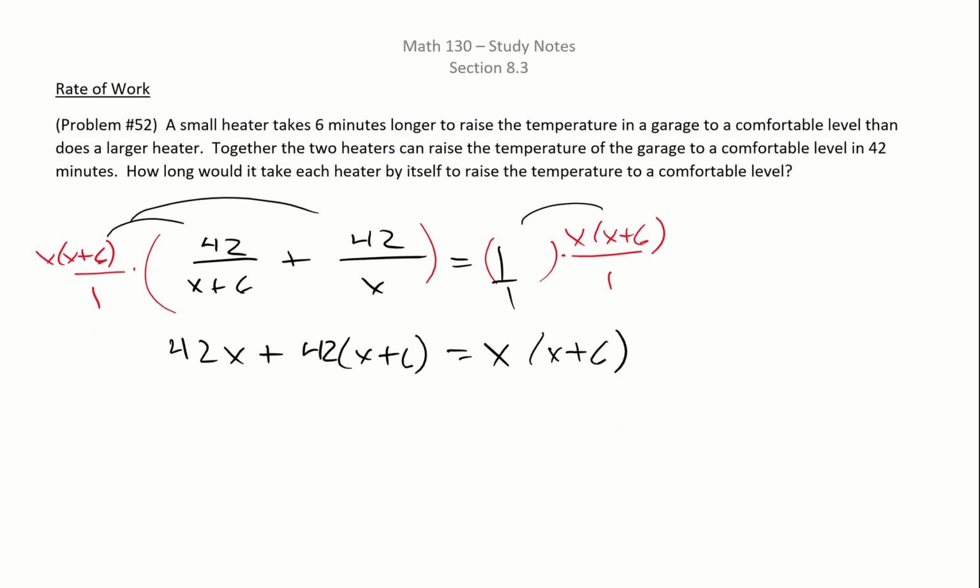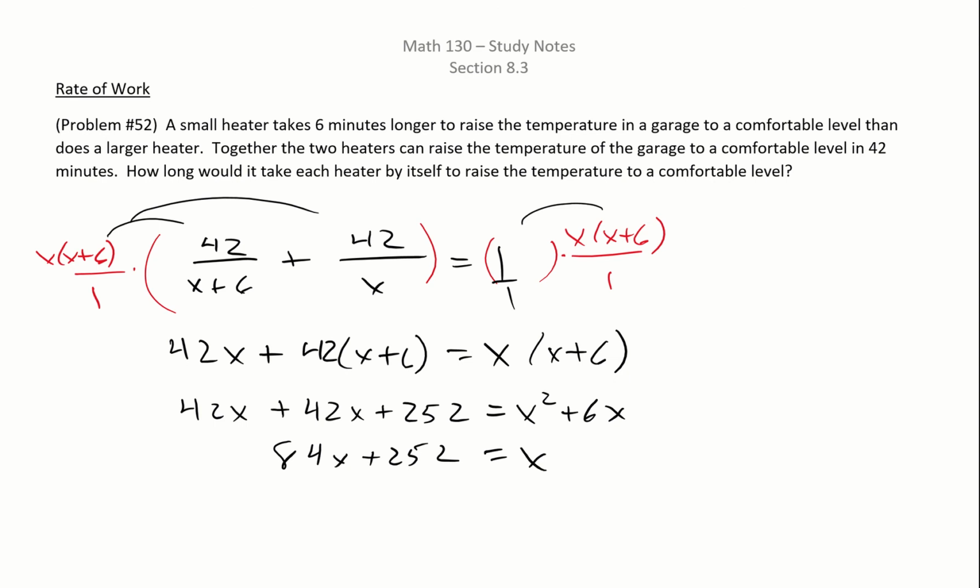Okay, so we start solving. So multiply out this little guy here, 42x plus, and that guy was 252, right? 252. And on the other side is x squared plus 6x. So we have 84x plus 252 is equal to, over here, x squared plus 6x, and again, it's a quadratic.